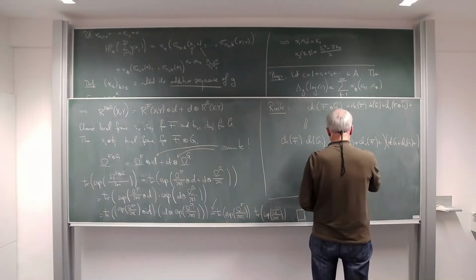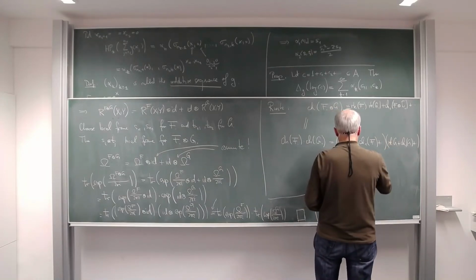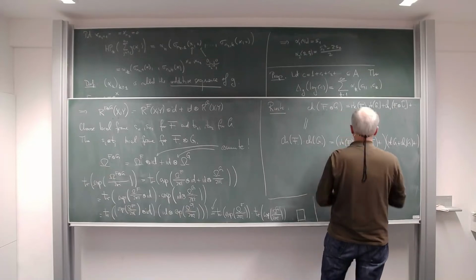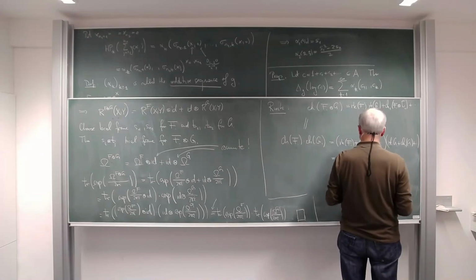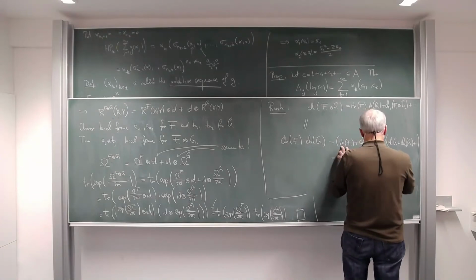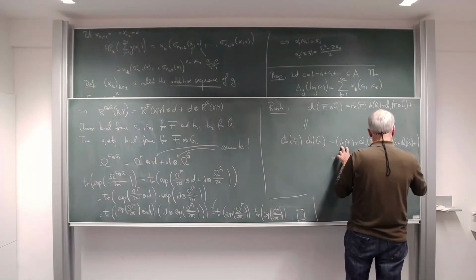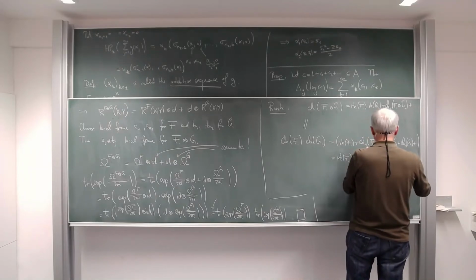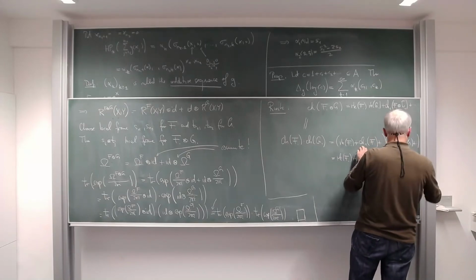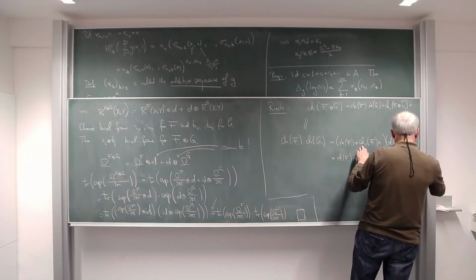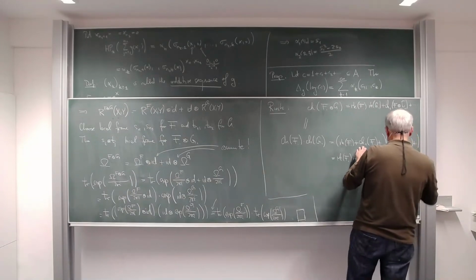We get rank of F times rank of G, which coincides with what we have here, that's good, plus the first order term, obtained by taking the rank of F times the Chern character 1 of G plus the rank of G times the Chern character 1 of F, plus higher order terms.